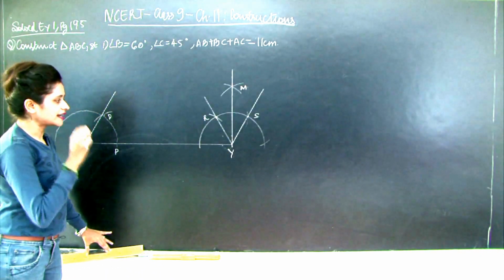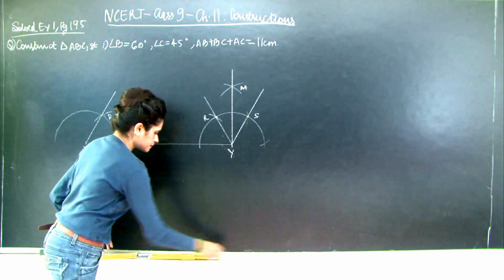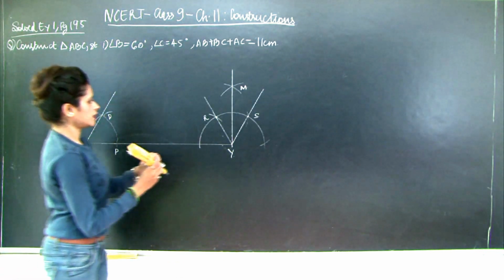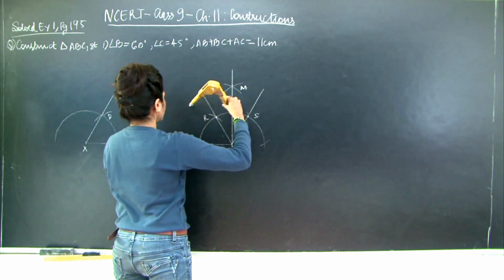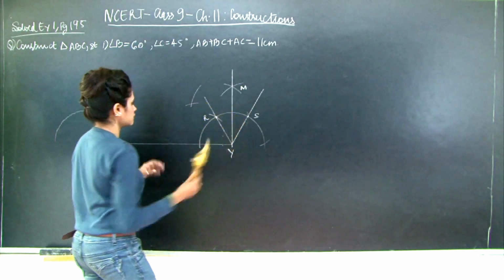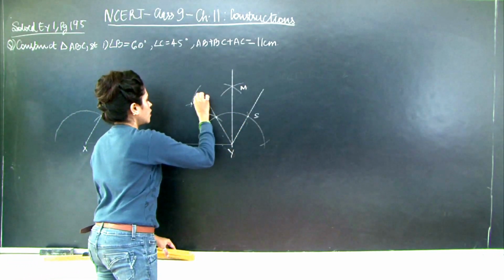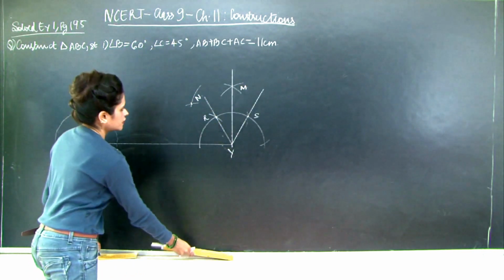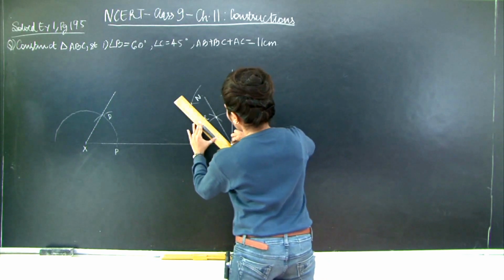Now we are going to bisect angle MYX which will give us 45 degrees. So let us draw 45 degrees by bisecting angle MYX. Let this point of intersection of the arcs be N. Now I am going to join NY or YN.